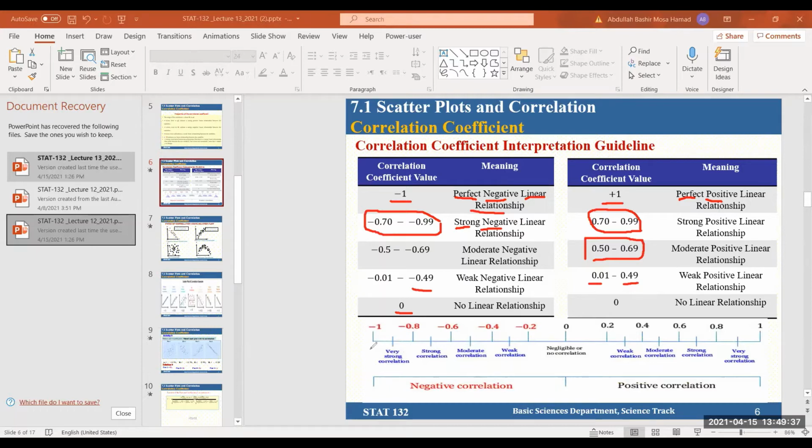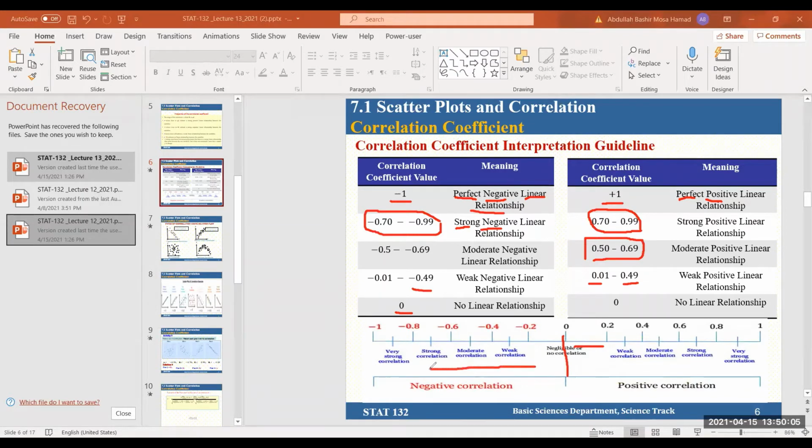We can describe this by this chart. 0 is no relation. If we move to this side, it is positive. 0.2 is weak. From 0.6, maybe it starts to be moderate. 0.8, 0.9 is a strong linear relation. This side is negative relation.